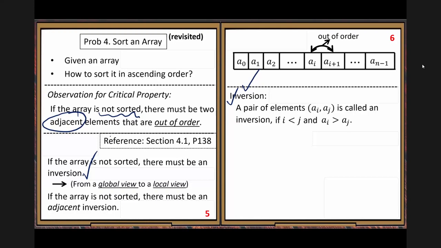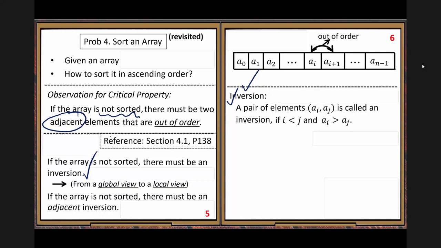But in the second way, we narrow down. We do not need to look at the inversions globally. We only look at the adjacent pair for the inversion.